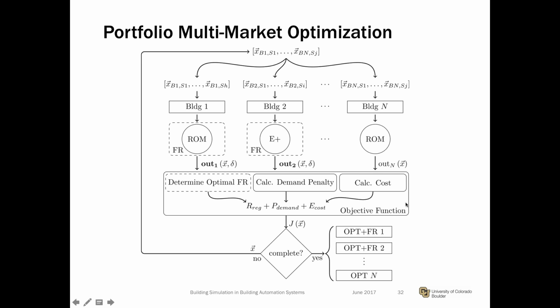The simulation results are then passed to the objective function for use in computing the total cost of the control vector. The simulation outputs for these first two buildings, building 1 and 2, are in bold because they are a function of both the initial control vector x and the set point changes delta that we're considering to use to estimate the frequency regulation capability.